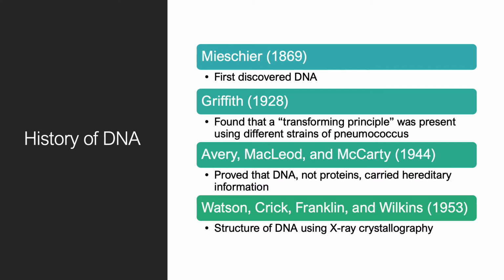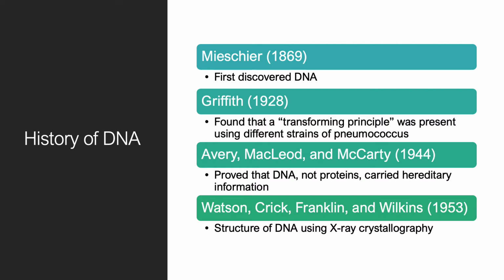He found that there was something able to transfer its genetic information from the dead dangerous strain to the live non-dangerous strain, killing the mice. At the time, most people assumed that the transforming principle was proteins, not DNA, so it wasn't until 1944 when Avery, McLeod, and McCarty showed that the substance was in fact DNA, not proteins.